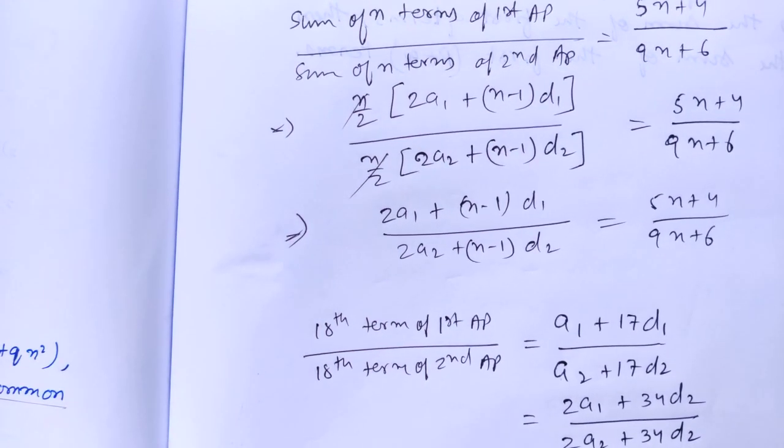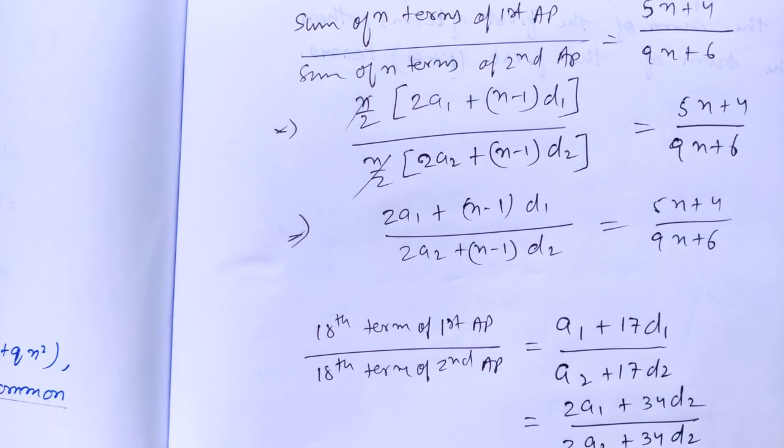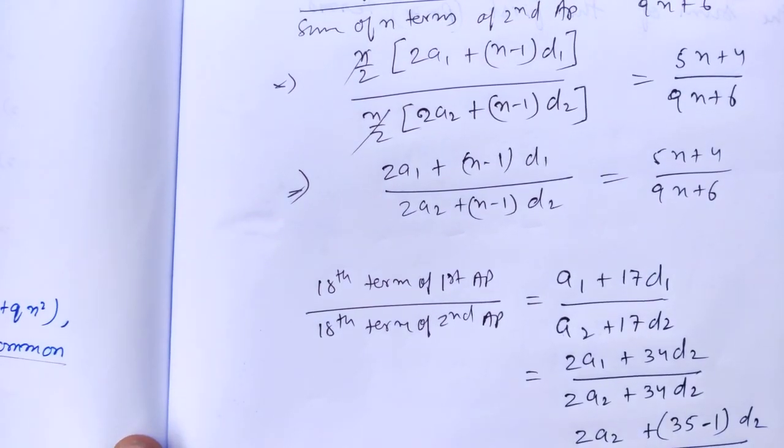That means we'll get 2A1 plus 35 minus 1 D1 by 2A2 plus 35 minus 1 D2.